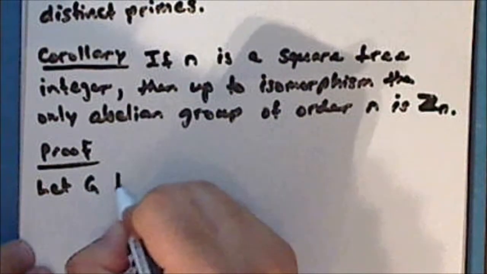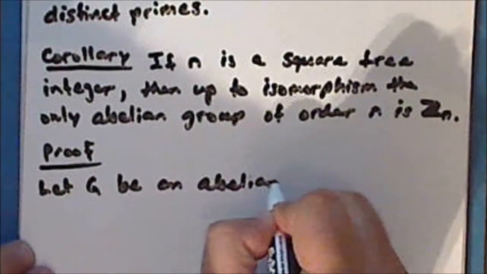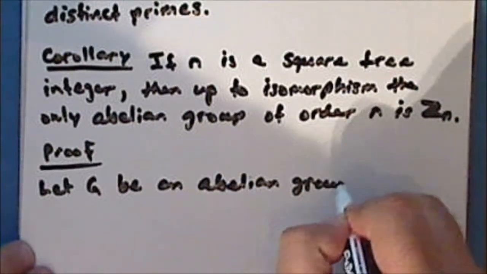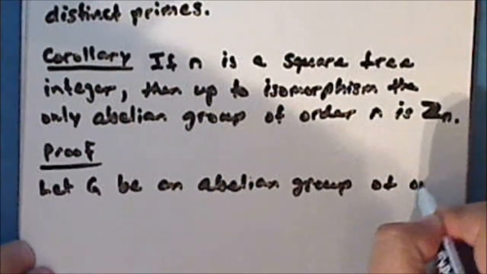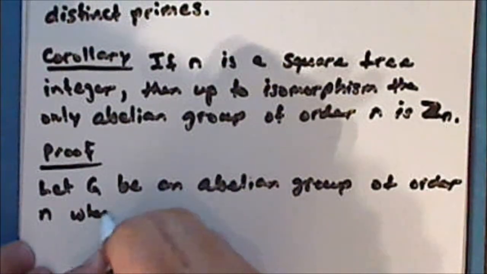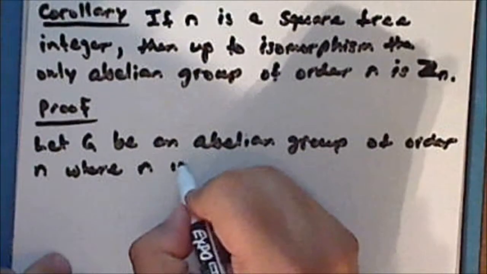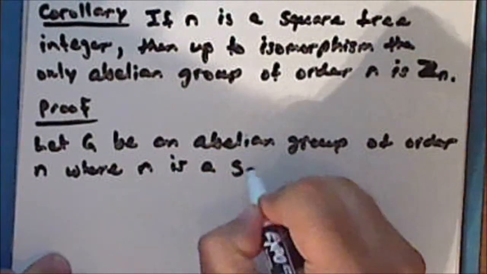Let G be an abelian group of order n, where the integer n is a square-free integer.